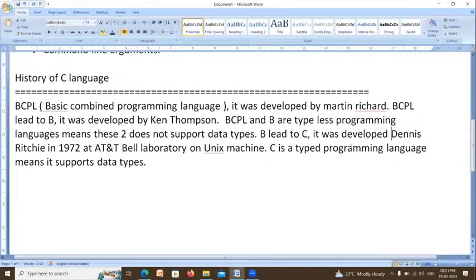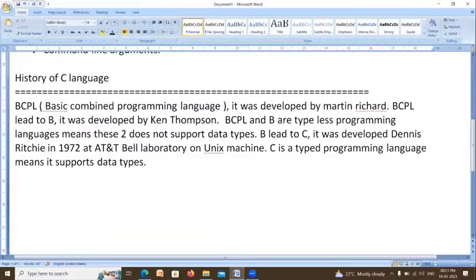C was developed by Dennis Ritchie in 1972 at AT&T Bell Laboratory on a Unix machine. C is a typed programming language, which means it supports data types. Clear?